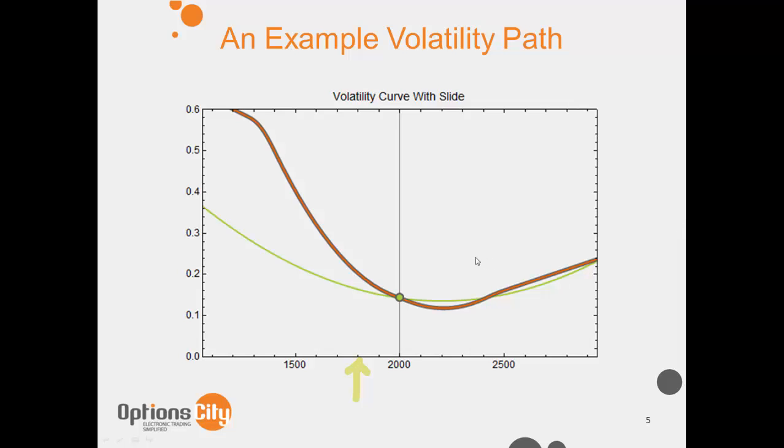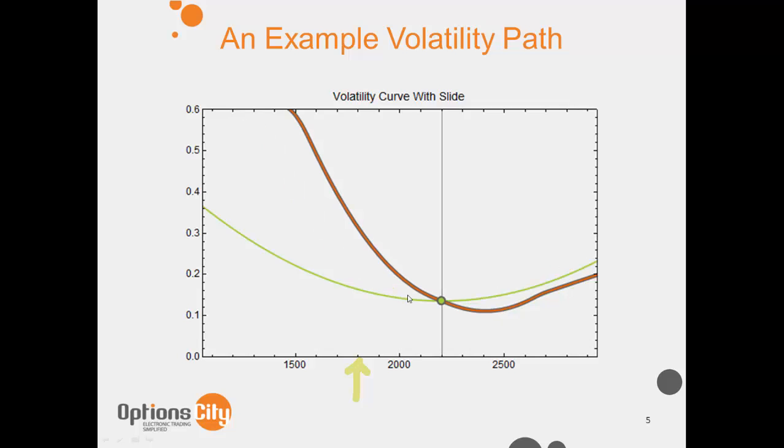You'll note that the center point in green is moving down that curving green vol path, and the curve moves along with it. So basically the volatility path tells what level you want the volatility curve to be at a given point in the underlying price, and it also impacts pricing, and it impacts how the Greeks perform.